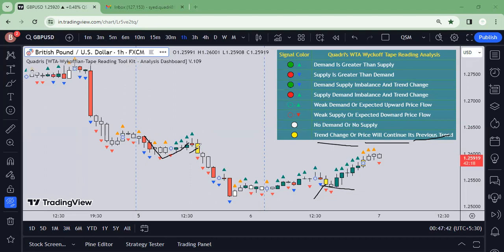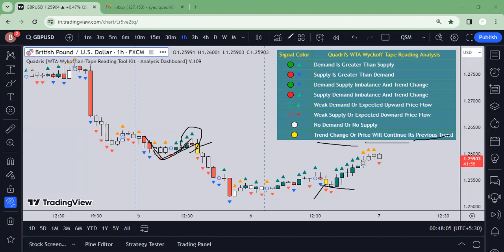A yellow candle printed. So what was the immediate trend? The immediate trend was upwards, because price was moving towards a higher direction. So based on our analysis, what does it say? First thing, there would be a trend change.